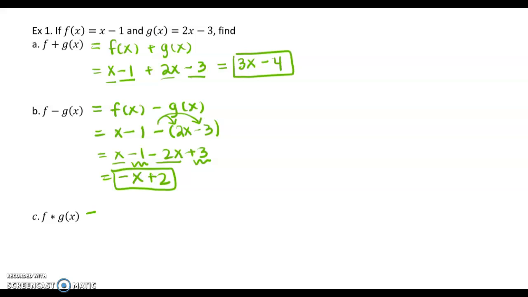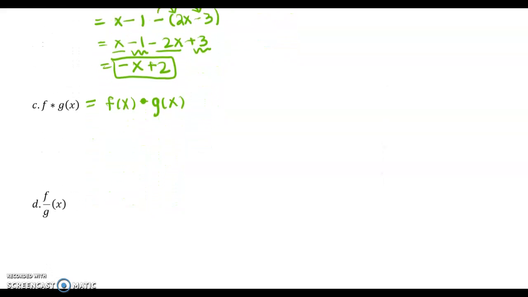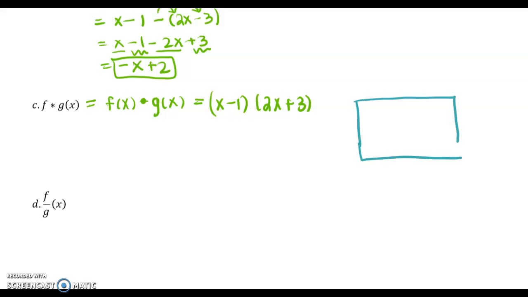Alright, the next thing we're doing is f of x times g of x, so that's just multiplying them. So that's x minus 1 times 2x plus 3. And then here we could use our box or foiling, really anything that you want to use to multiply these.